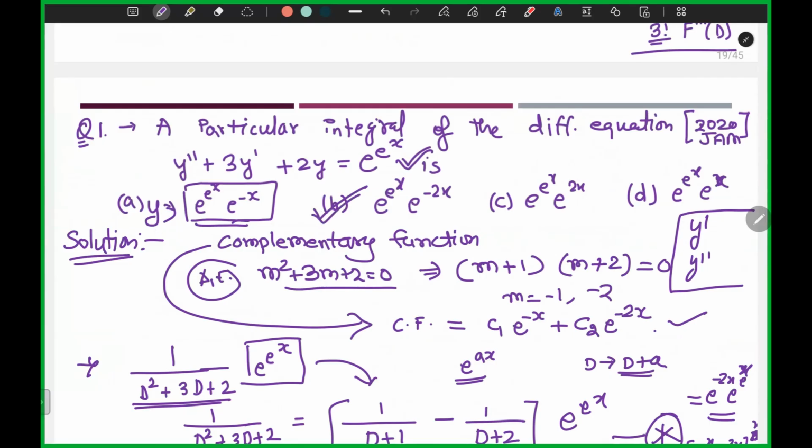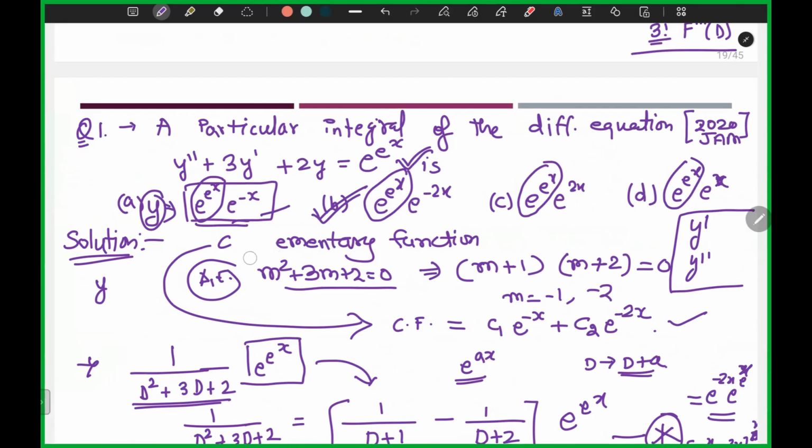For each option you have to check: this is your y, and you just simply take y dash. Or you can look for a pattern here, all of you. e^(e^x), e^(e^x), e^(e^x) is in each of the terms, right? Yes, sir.